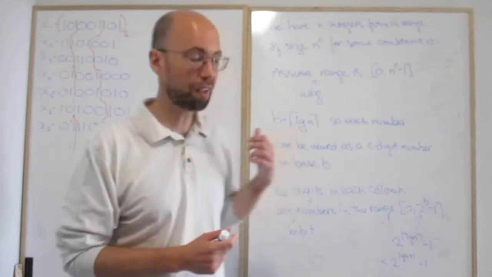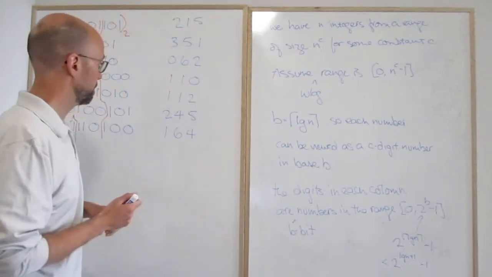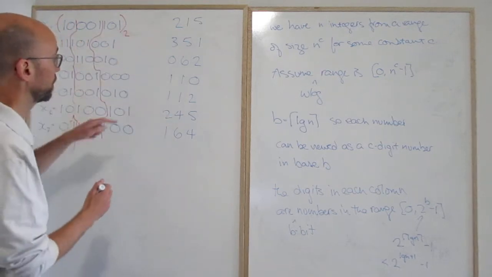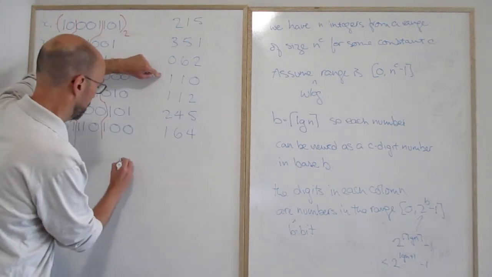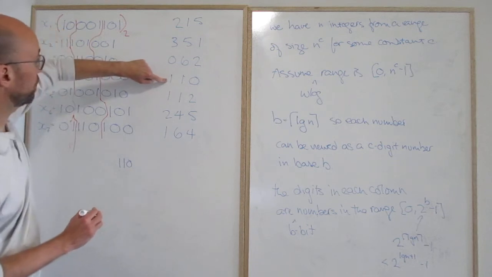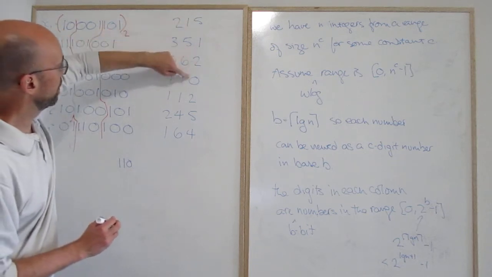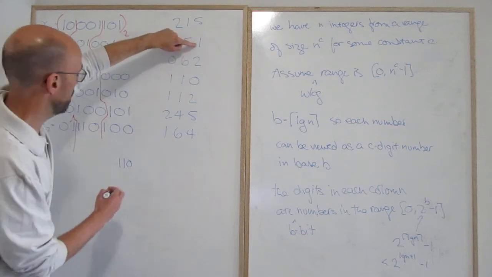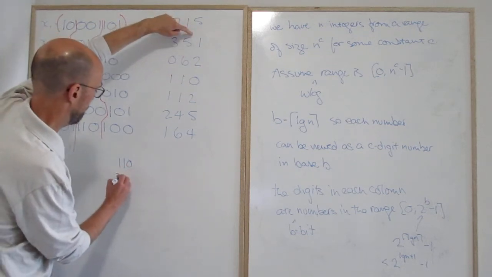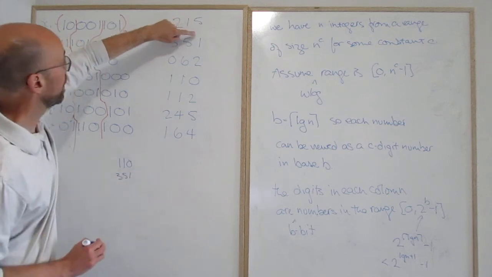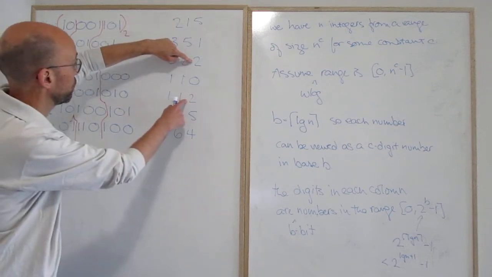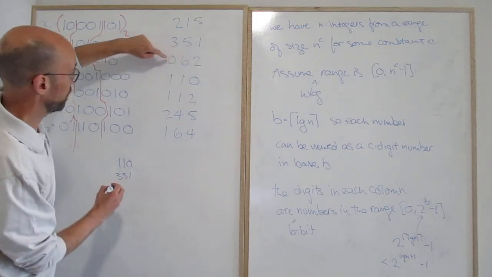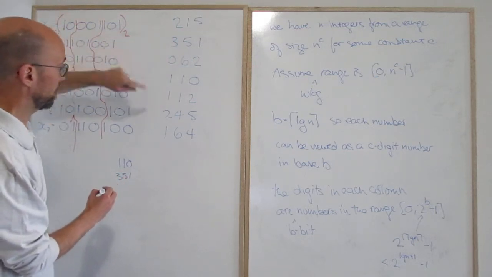But let's just see that this works when we do it stably. So here we're going to get 1, 1, 0 first, because here we have a 0, so we write down 1, 1, 0, it's smallest. Then we have a 1, so we write 3, 5, 1. Then we have two 2s, but it's important that we write this one first. It comes first in the input, so it's going to come first in the output.